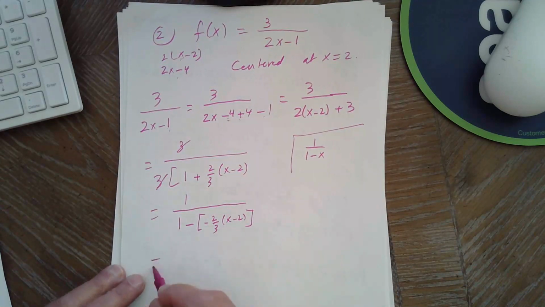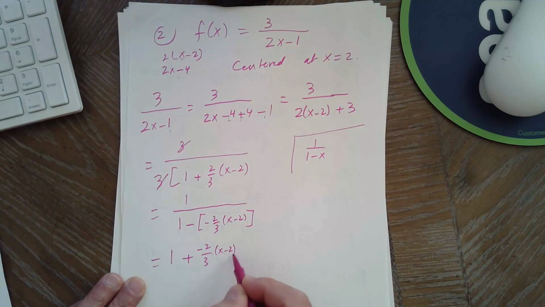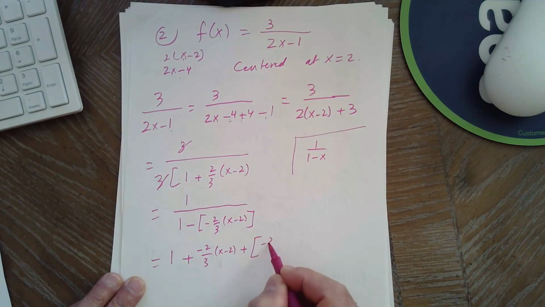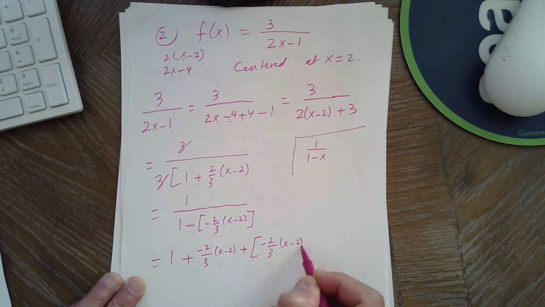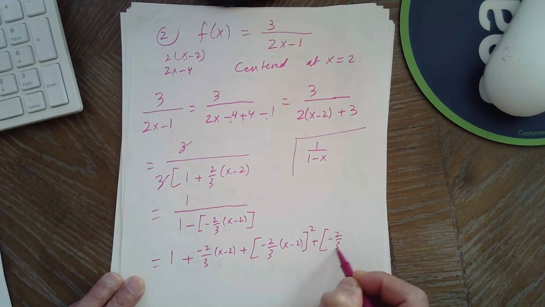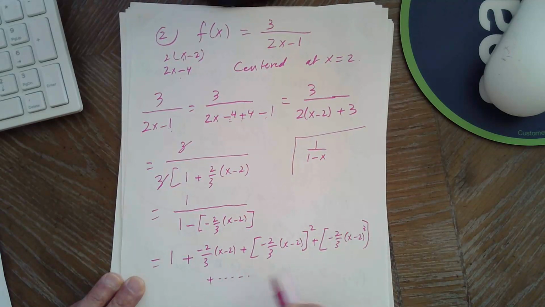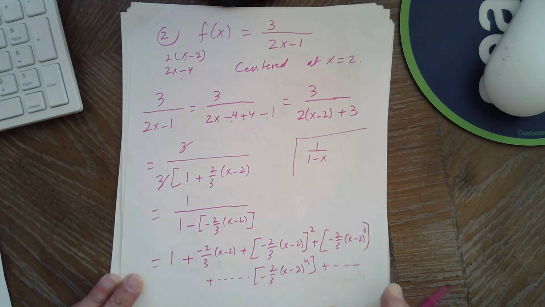Okay, so it will be 1 plus negative 2/3 x minus 2 plus negative 2/3 x minus 2 squared plus negative 2/3 x minus 2 cubed plus negative 2/3 x minus 2 to the n, and then goes on.